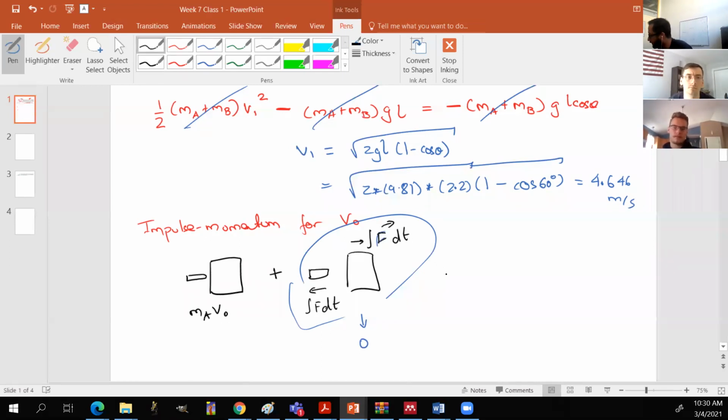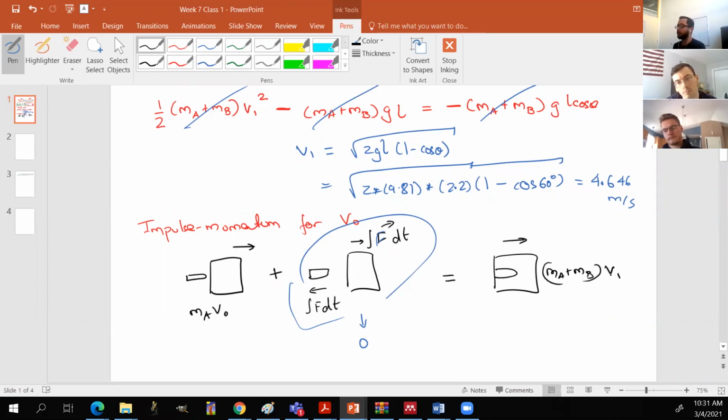And that is equal to the final momentum of the system when the bullet gets lodged in and they start moving together. Remember, this is all a direct impact, along the line of impact. So this is going to be MA plus MB times V1.